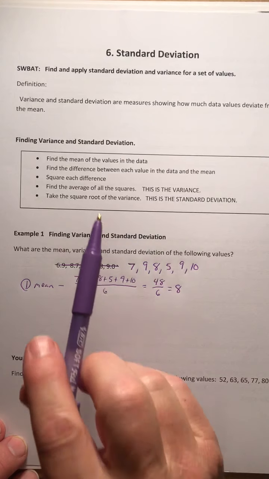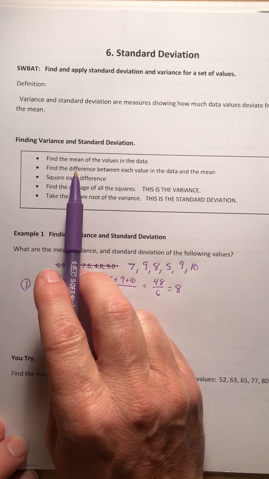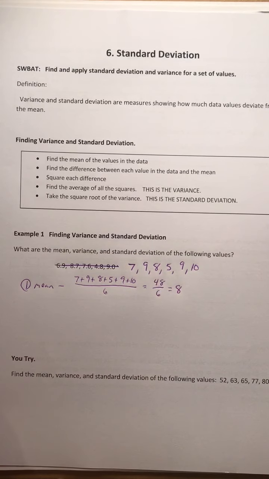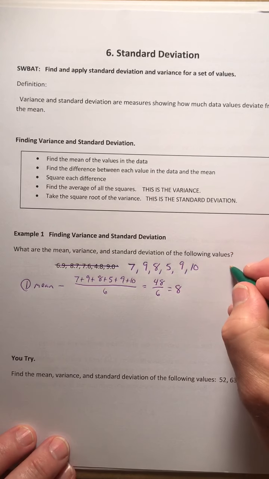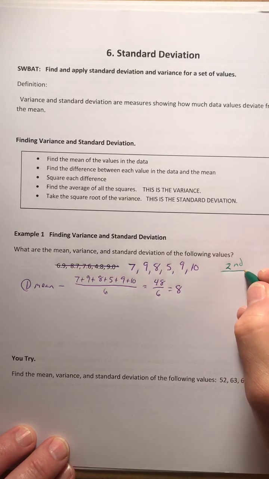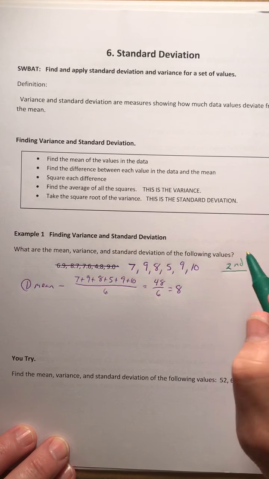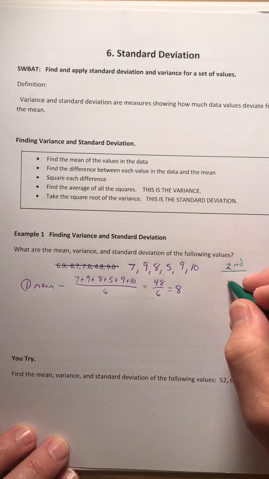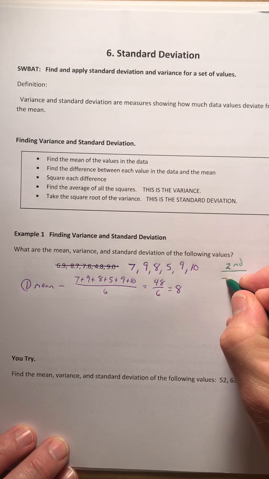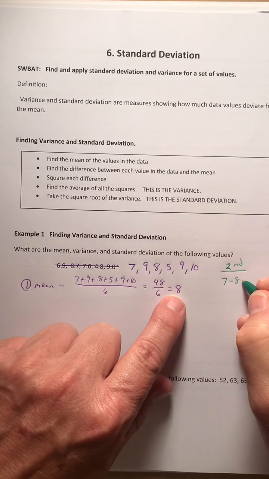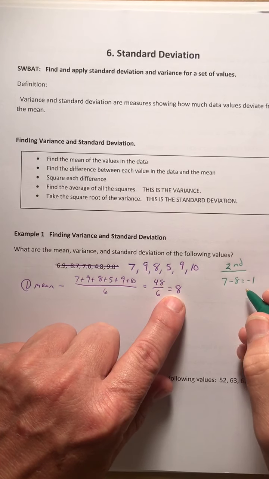Now the second step is to find the difference between each value in the data and the mean. So we have to do 7, which is the first number, minus 8, which gives us -1.